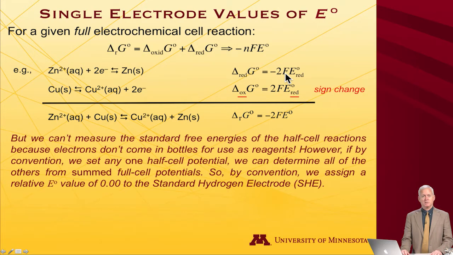We're not allowed to just go get a bottle of electrons off the shelf and put them into a chemical reaction and measure energy changes. As I mentioned in earlier videos, electron neutrality is an absolute requirement.